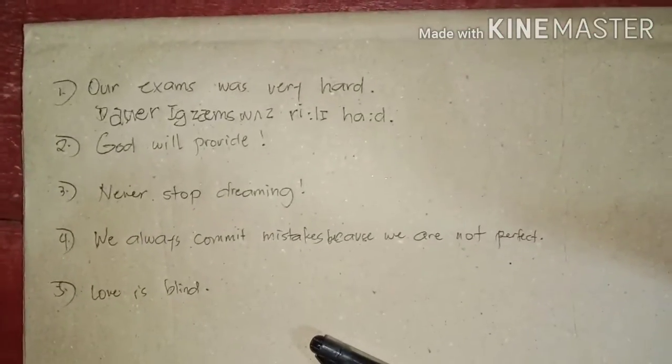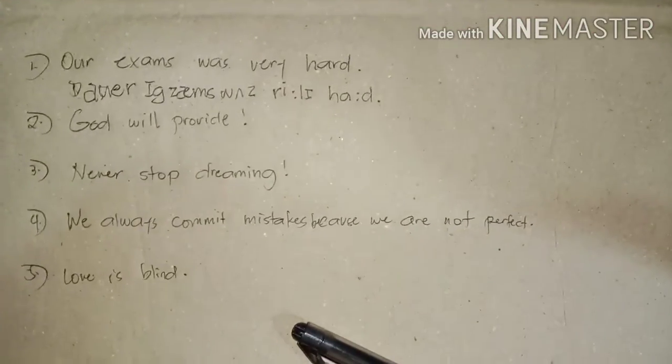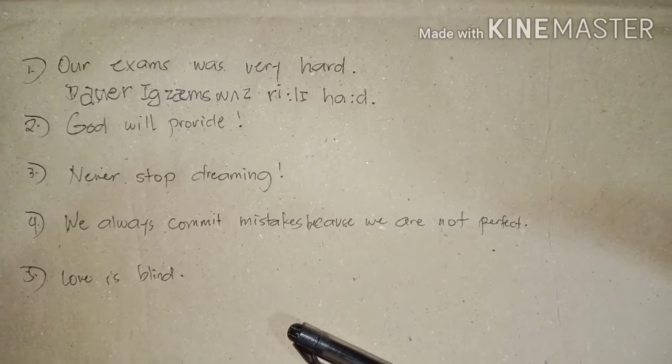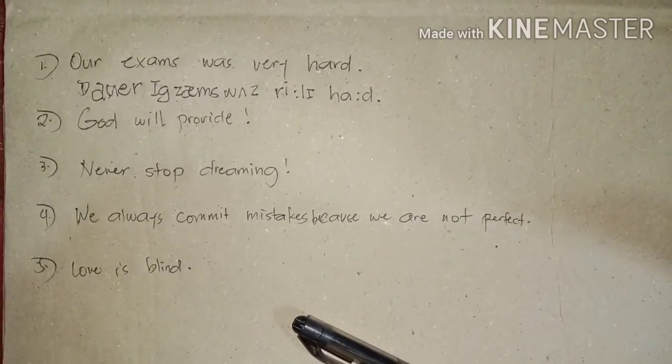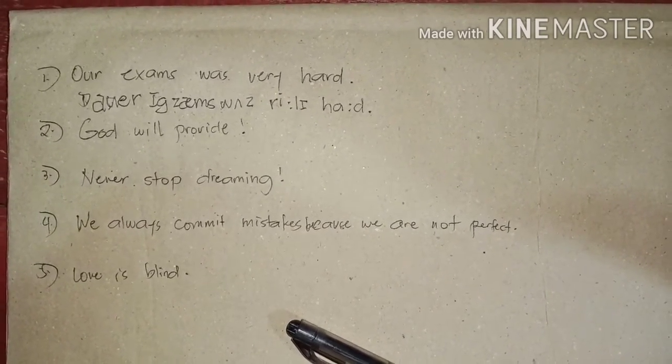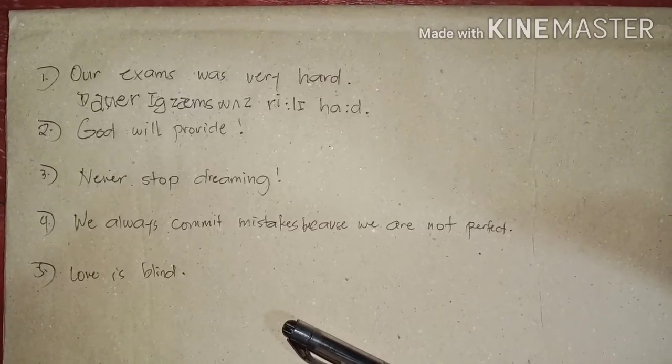So that's number 1. One tip for transcribing a sentence into IPA form: you have to pronounce it correctly. As I've said earlier, when you pronounce it correctly, you can transform it properly.